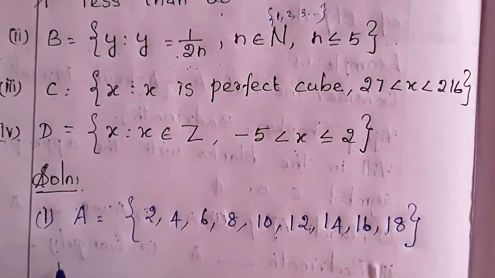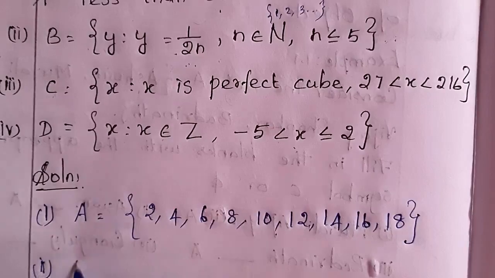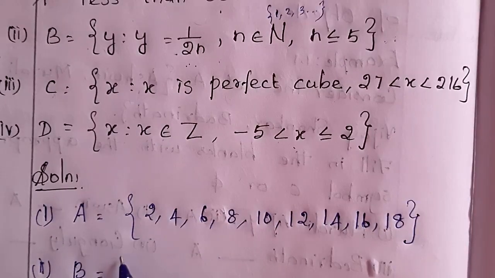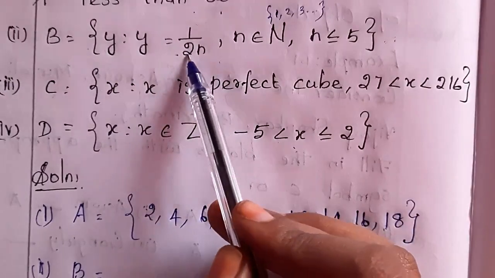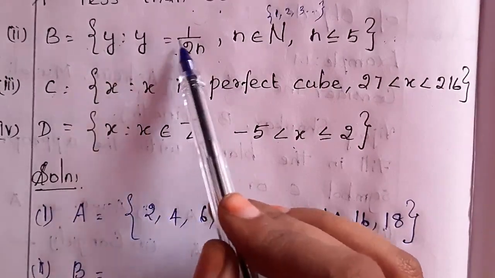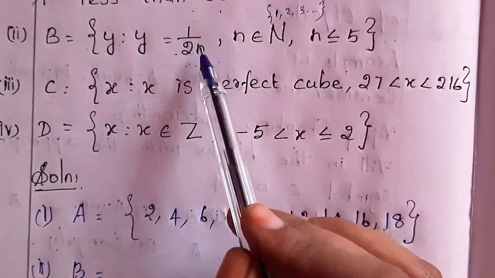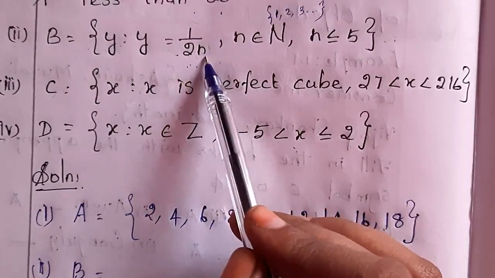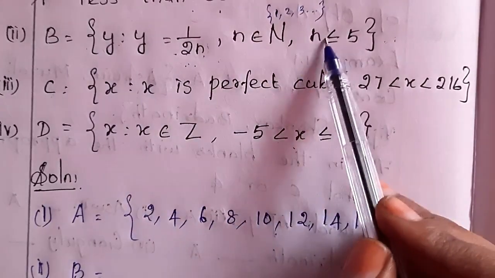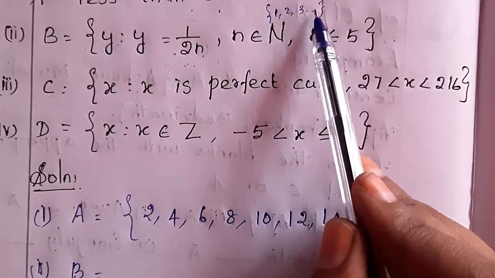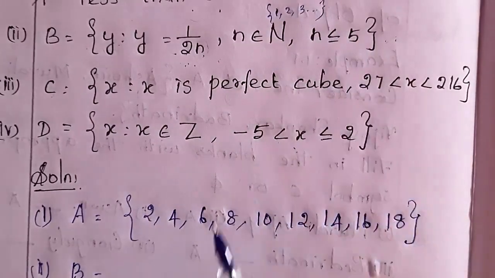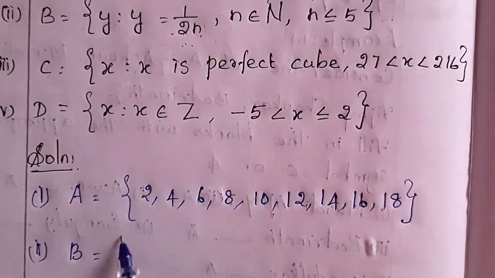Look at our elements. Second one, B equal to all the elements in the form of 1 by 2n, because y such that y equal to all the y in the form of 1 by 2n, but this n value varies up to less than or equal to 5. That means 1, 2, 3, 4, 5. Up to 5 we can choose. Listen how I write this.